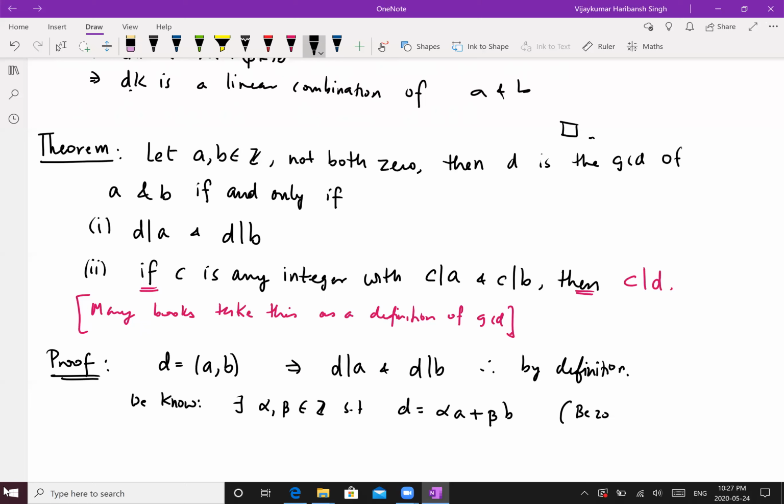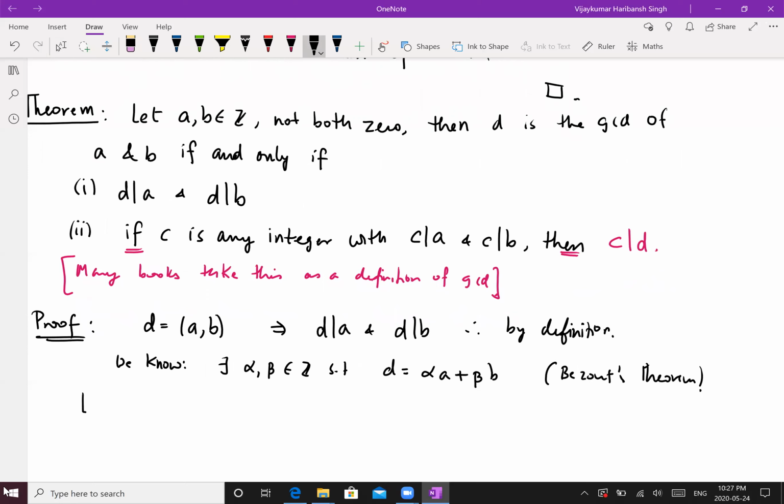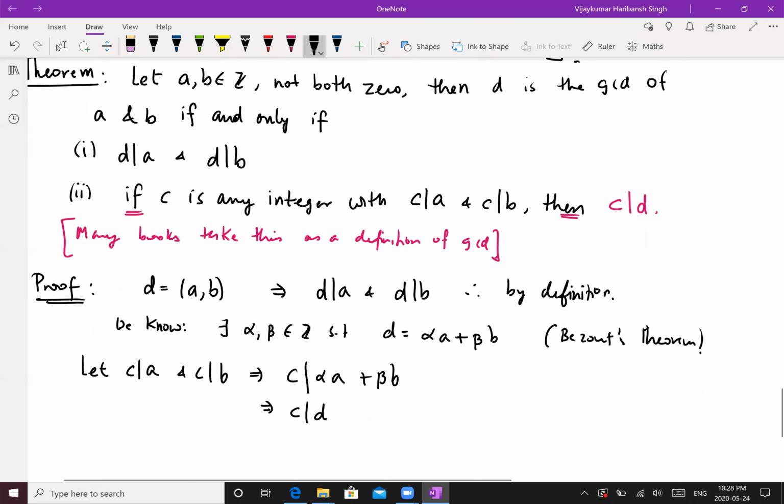Because of Bezout's identity. Now let C divide A and C divide B. This would imply C divides the linear combination alpha A plus beta B. But this would mean C divides D, because alpha A plus beta B is D. So therefore, you have proved both 1 and 2.